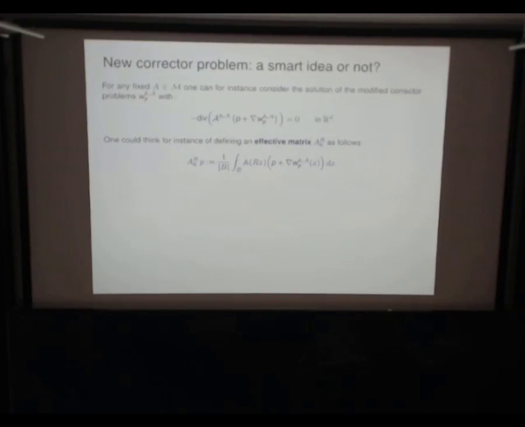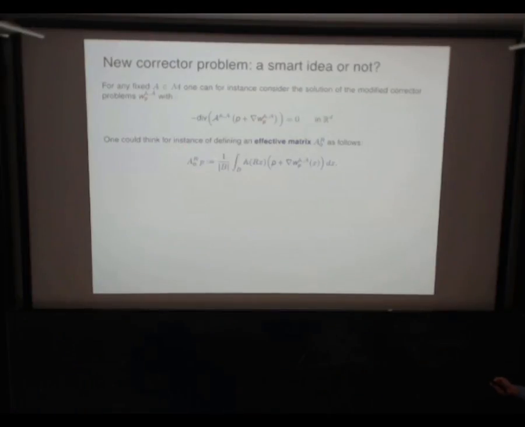Okay, so you can ask, is this a smart way of doing it or not? We thought we're smart. So we tried it. So you can say, okay, I can solve this corrector problem. I can define an effective matrix following the standard arguments with the same formula as we have seen before.